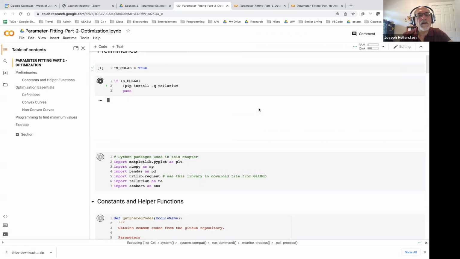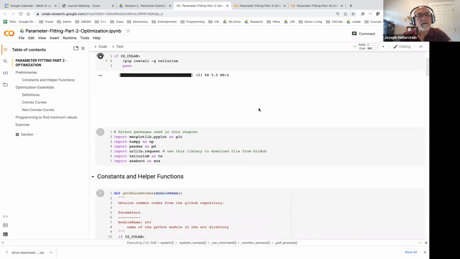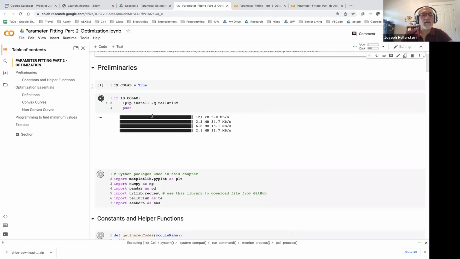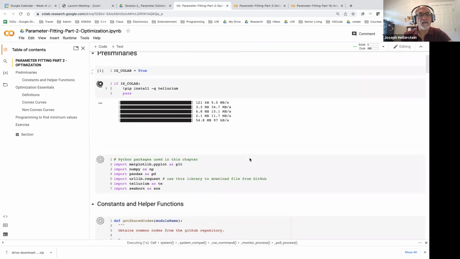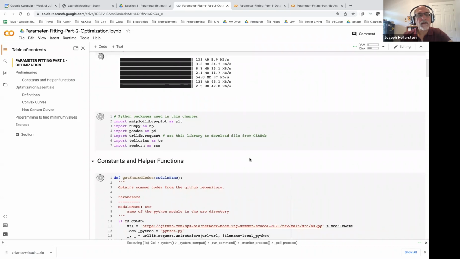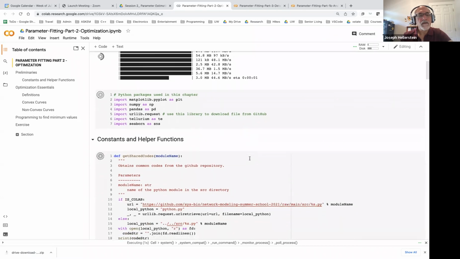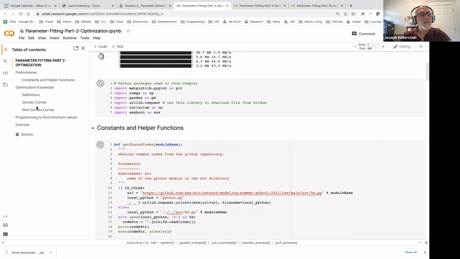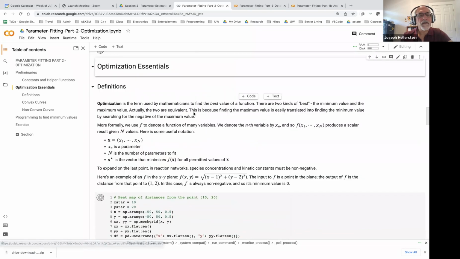This is set up in a similar way. In this notebook, the only external dependency is tellurium, because we're looking at the fitting algorithms. There are other ones here, but that's the main external dependency. Okay, so let's go over here to the optimization essentials.